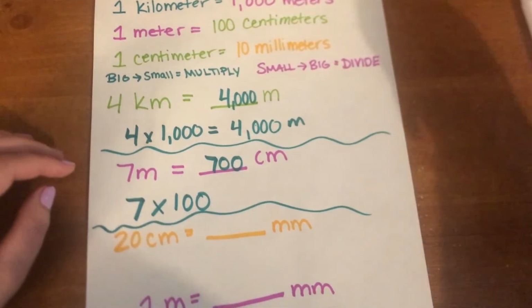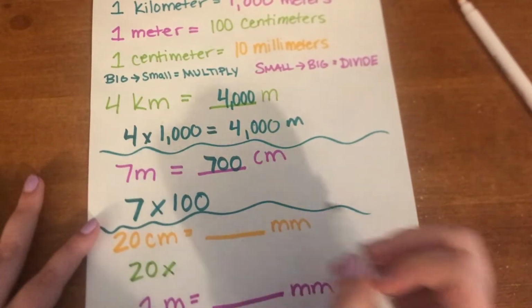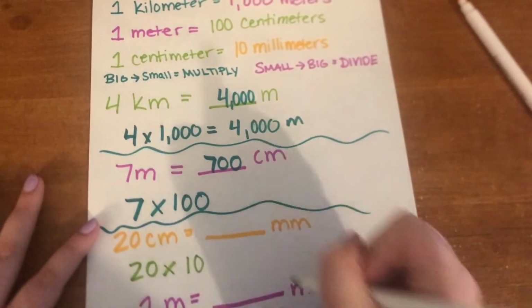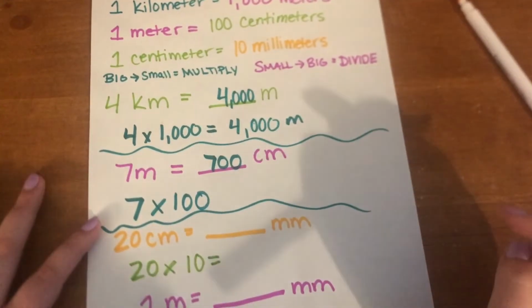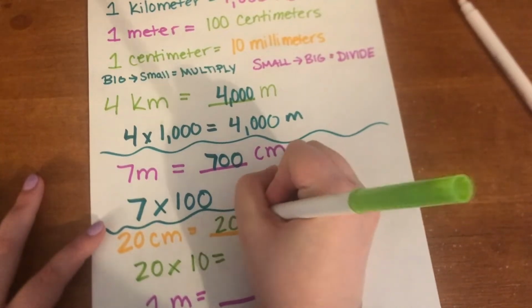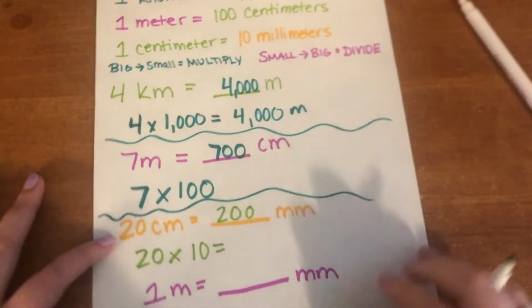So I can take my 20 centimeters and multiply that by 10 millimeters, because we have 20 groups of 10, which means 2 times 1 is 2, add our 2 zeros, and we have 200 millimeters in 20 centimeters.